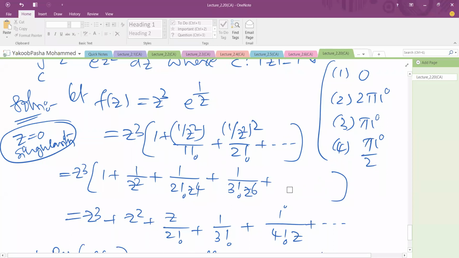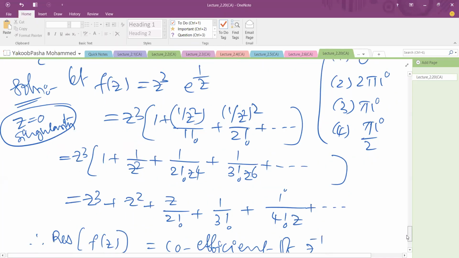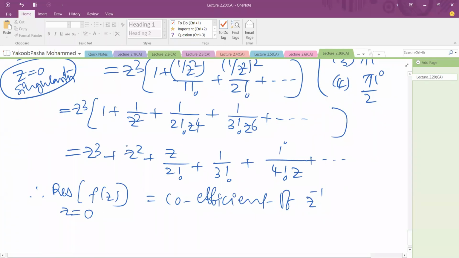Okay. So here first term is z cube, second term is z, third term is 1 by 2 factorial into z, and here 1 by 3 factorial into z cube, no need to take these terms.